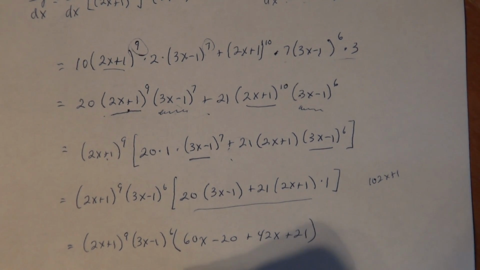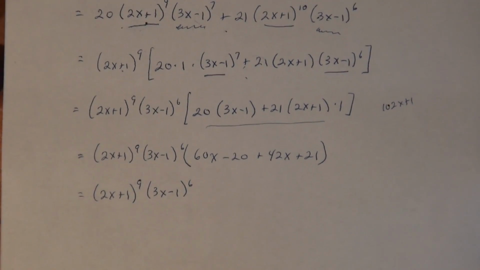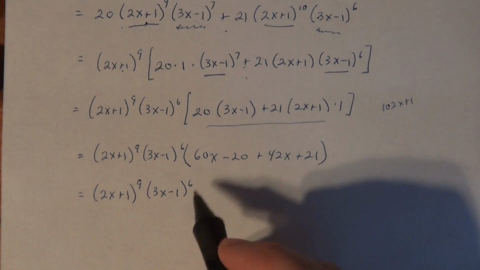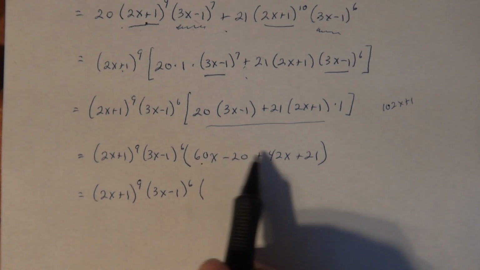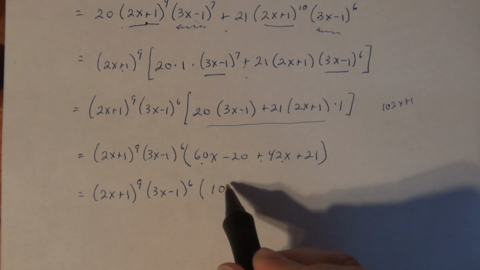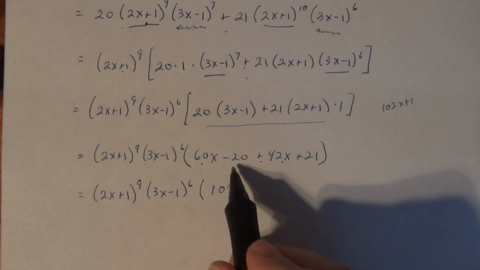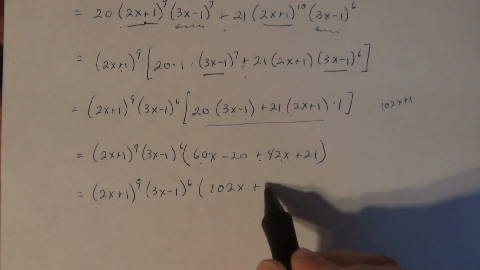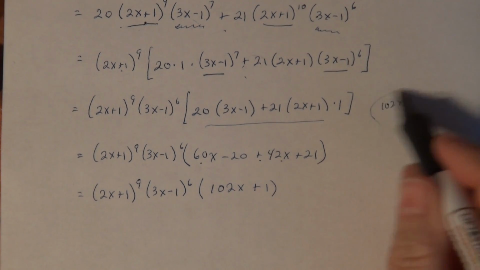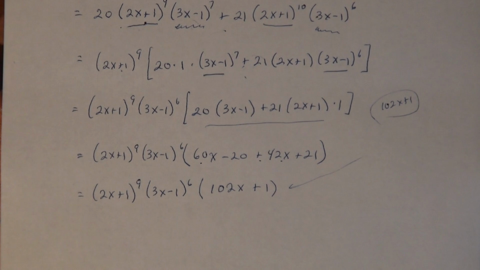And again, don't be a lazy mathematician. Write everything down. This is not a game of who can show the fewest steps and who can make the most mistakes. So I'm just rewriting this first part again. Now I know 60 plus 42 is 102. That's exciting. And minus 20 plus 21 is plus 1. So it looks like we got the right factor there, and we've finished.